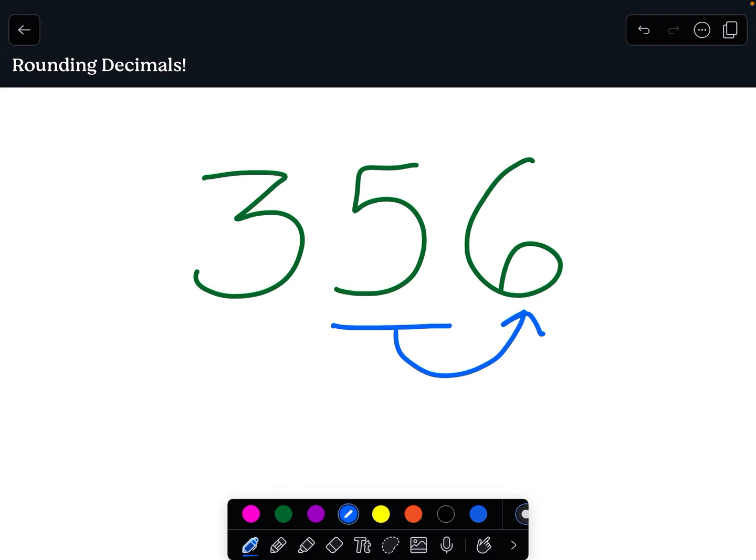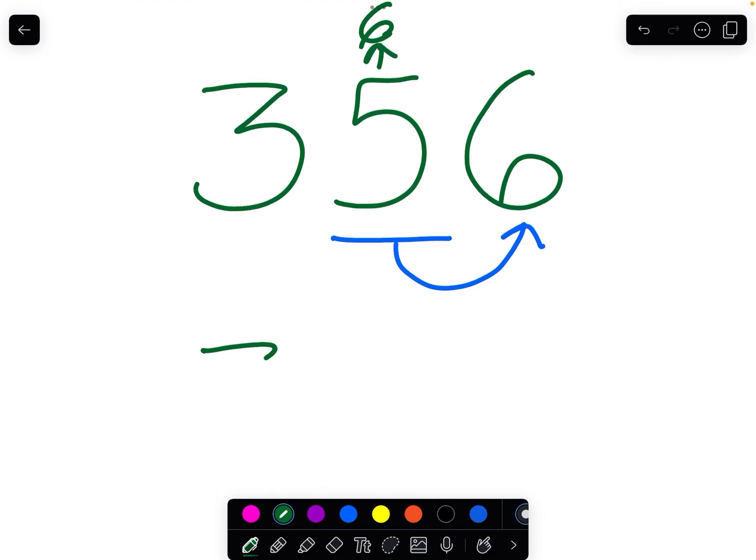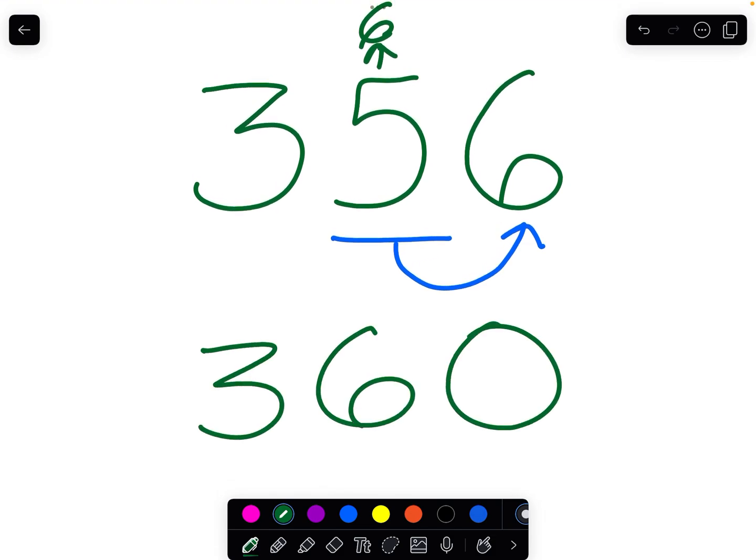I don't know who came up with it, but it's a good one. It's 5 or more, let it soar. 4 or less, let it rest. Well, since we've got 5 or more next door, we have to round this 5 up to 6. And now 356 rounded to the nearest 10 becomes 360.